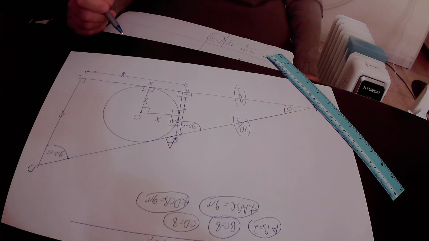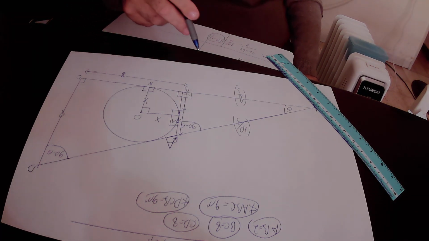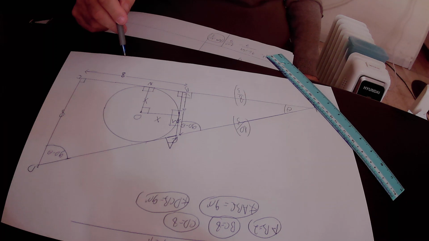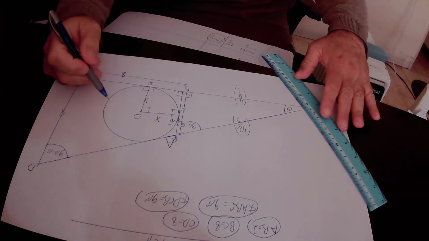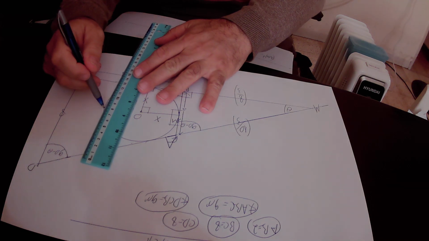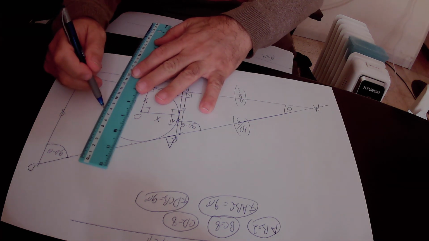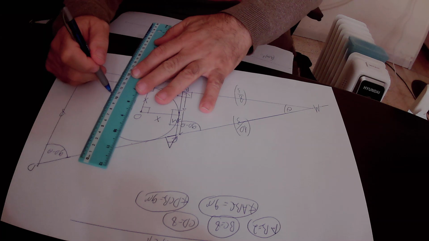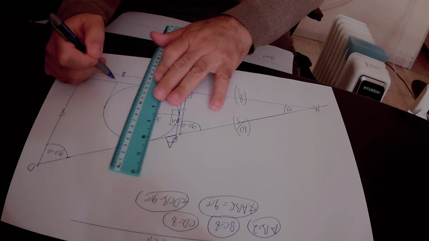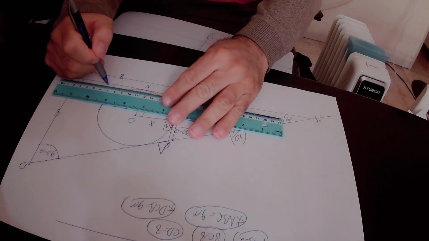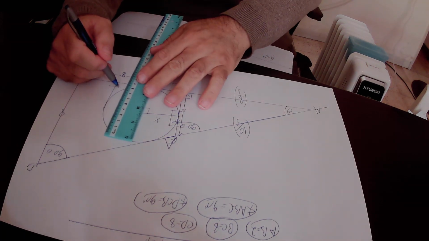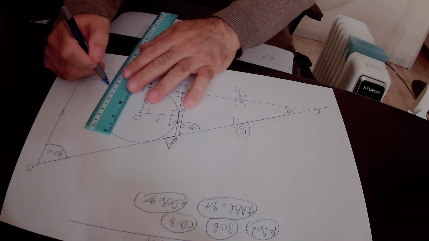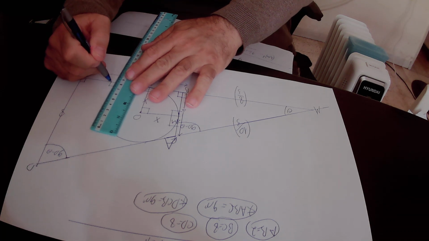Okay, so in the next step we will draw a perpendicular on BC in such a way that it will also be tangent to the circle. So this angle equals 90 degrees, and this angle also equals 90 degrees according to our construction.